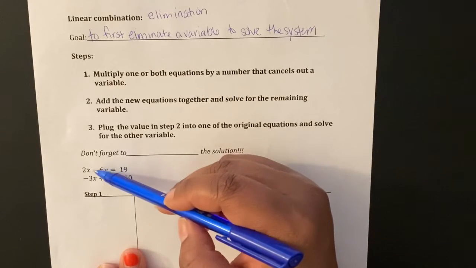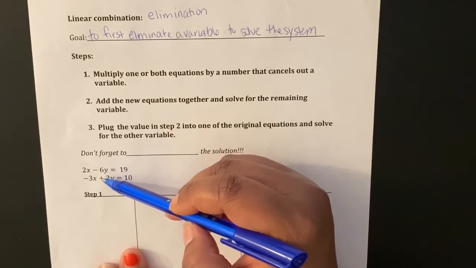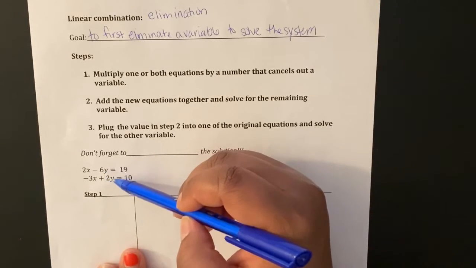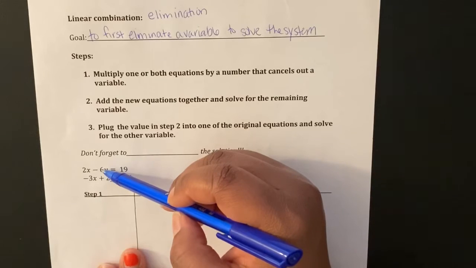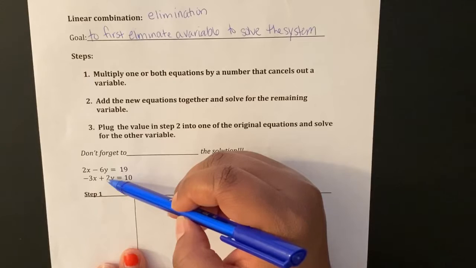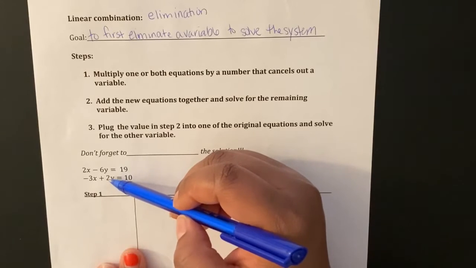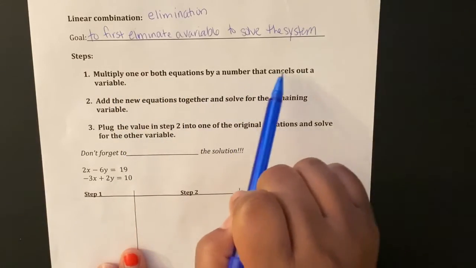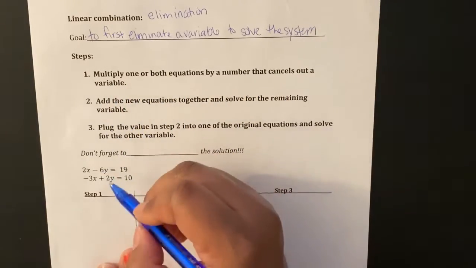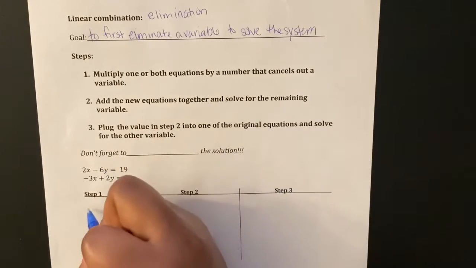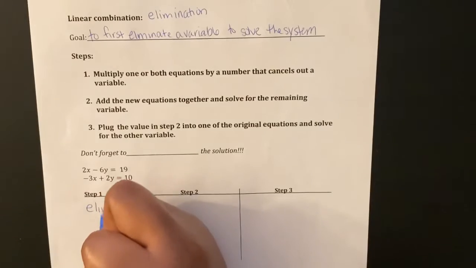Or if you look at negative 6y and positive 2y, I can make this positive 2y a 6 by multiplying by 3, which means I only have to change one equation. Remember, it says multiply one or both equations by a number that cancels out the variable. So I want to cancel out this y. So step 1, eliminate y.